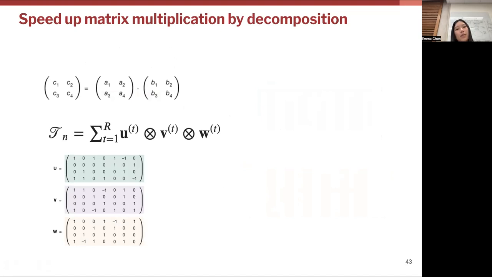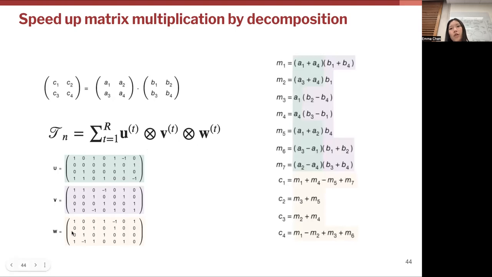So a recap here: given a matrix multiplication, I'm going to find a way to decompose the 3D multiplication matrix. Once I'm able to decompose this matrix, I'm able to find the U vector, the V vector, and the W vector, which correspond to the intermediate values and the way to construct the final value.